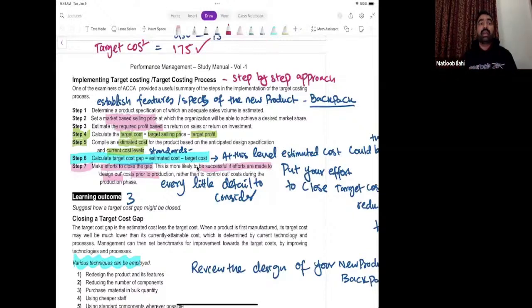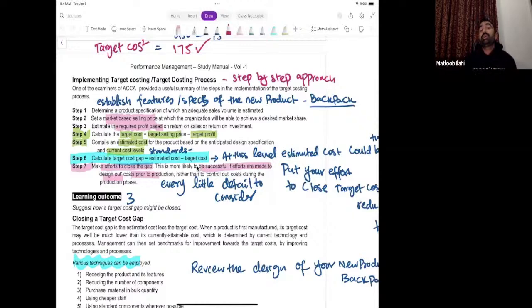Okay, so they will look at the market and find out what price customers are willing to pay, or at what price the competitors are selling their product. So in step number 2, we will determine the market-based price at which we can sell.